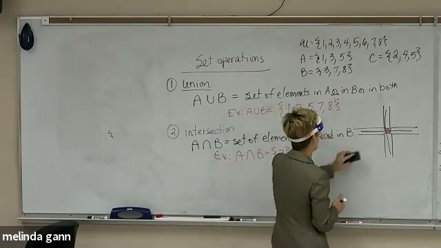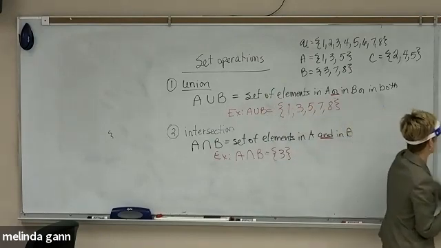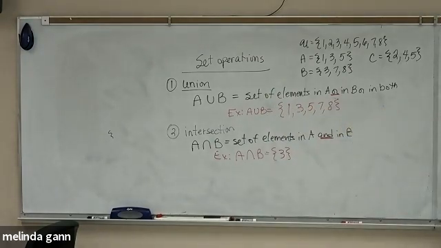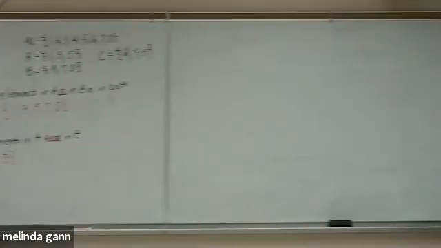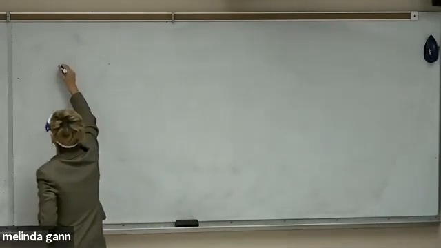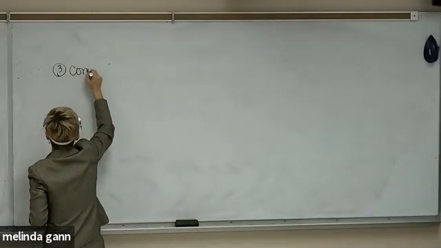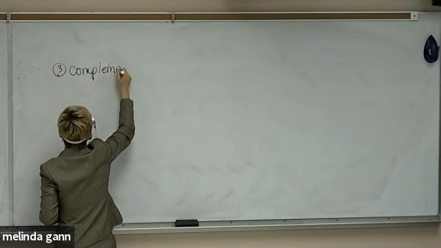Okay. You've got one more operation, and we're going to play with them. All right. Here's your third one. Your third one is complement. And make sure you spell it correctly.